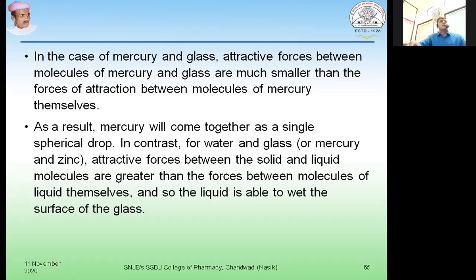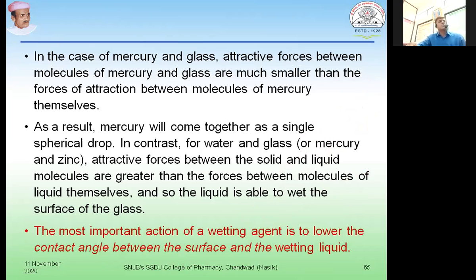In the case of water and glass, water molecules develop forces of attraction with the molecules of the glass, and the interaction between glass molecules and water molecules is greater as compared to the attractive forces between water molecules themselves.